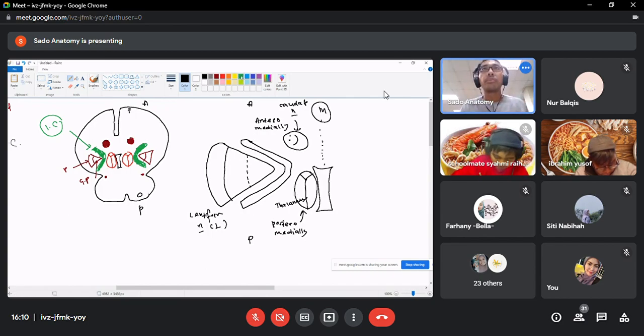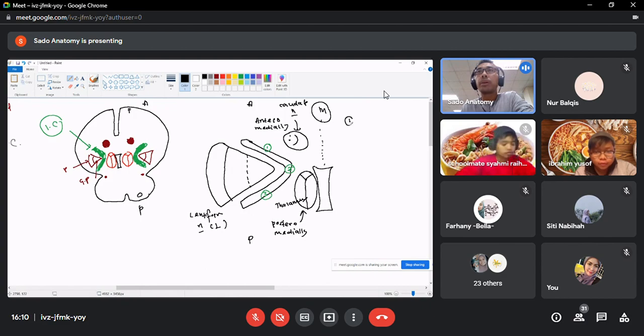Right, now back to your internal capsule. Your internal capsule basically consists of three parts. The first part, class, is lying anteriorly.